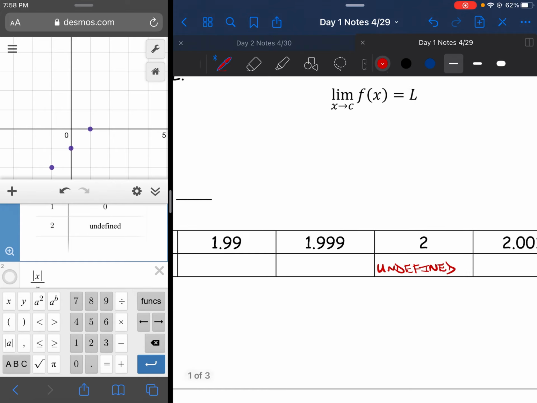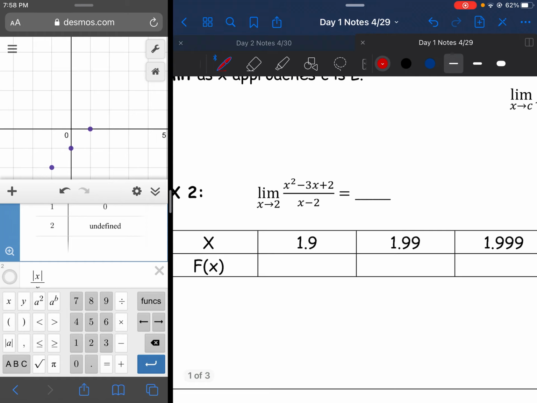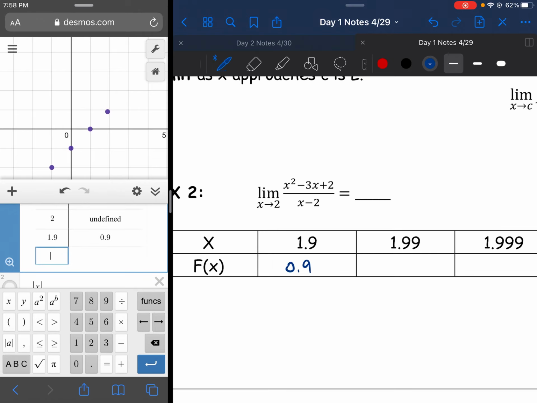Let's look around 2. So let's start at 1.9 and start to get closer and closer to 2. If x is 1.9, f of x, or the y value, is 0.9. If x is 1.99, then the y value is 0.99.